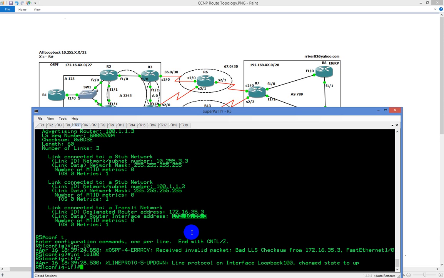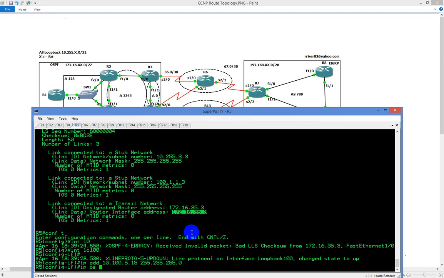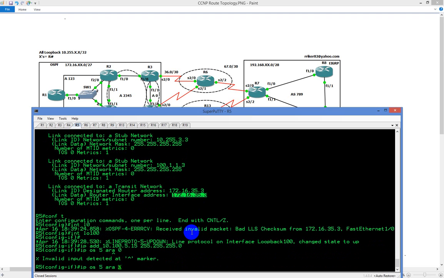So loopback 100, we're going to type an IP address of 10.100.5.15/24. Okay, and ip ospf 5 area 0. Oh, area, not era. Area 0.